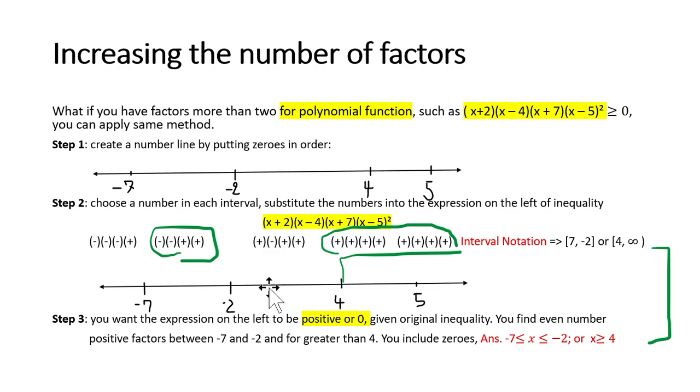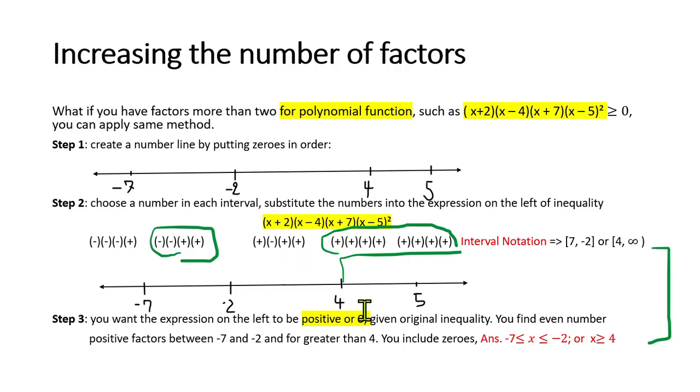What about this interval between minus 2 and 4? Take 0. So 0 plus 2 equals 2, which is positive. And 0 minus 4 is negative. 0 plus 7 is 7, positive, third factor. And 0 minus 5 squared is positive. So positive, negative, positive, positive makes negative.